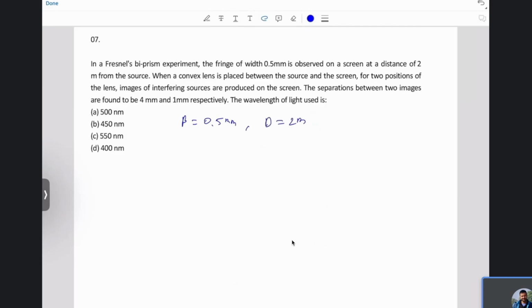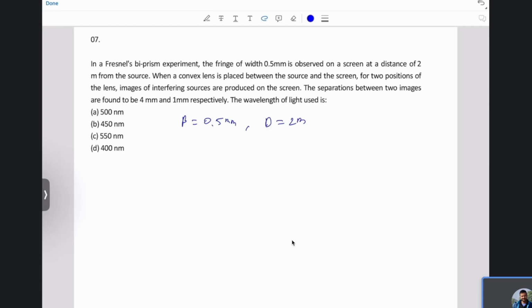When a convex lens is placed between the source and the screen for two positions of the lenses, the images of interfering sources are produced on the screen. The separation between the two images is found to be 4 mm and 1 mm respectively. The wavelength of light used is.